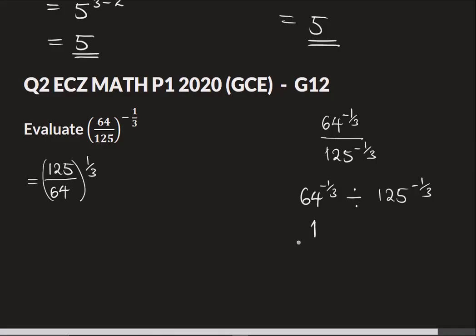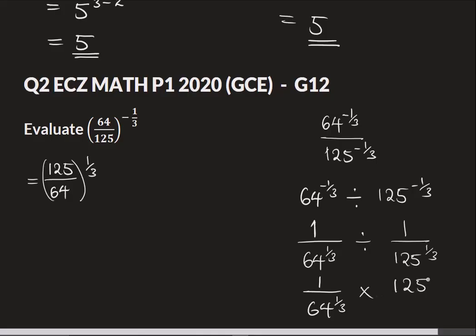We can treat this by saying we have 1 over 64 to the power 1 over 3 divided by 1 over 125 to the power 1 over 3. Then we can work with that division sign. What we have is 1 over 64 to the power 1 over 3 multiplied by 125 to the power 1 over 3 over 1.